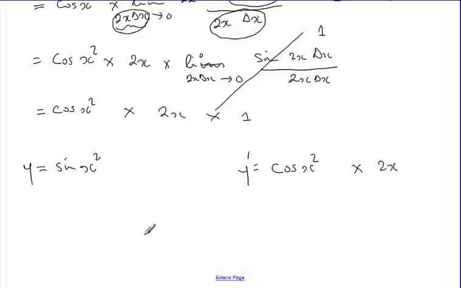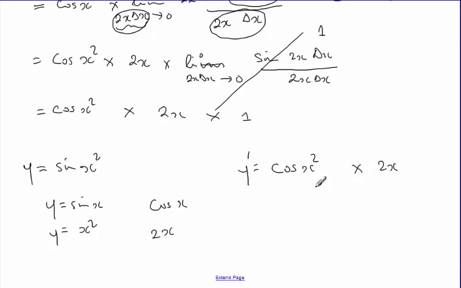But what do we know? We know that the immediate derivative of sine x is cos x. We know that the derivative of x squared is 2x, which is that.